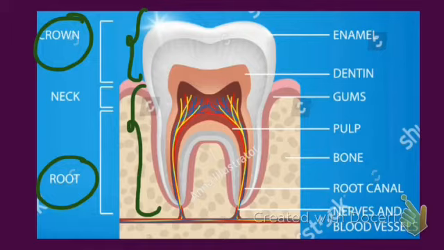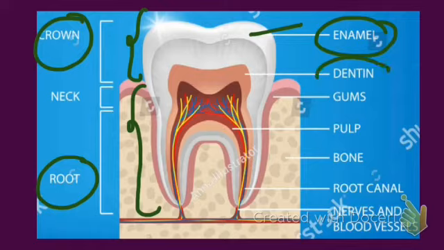The hard white part is enamel, or tooth enamel. It is mainly made of calcium, and the main function of enamel is to protect the tooth. Below the enamel is the dentine area. It is called dentine, and it is as hard as bone.